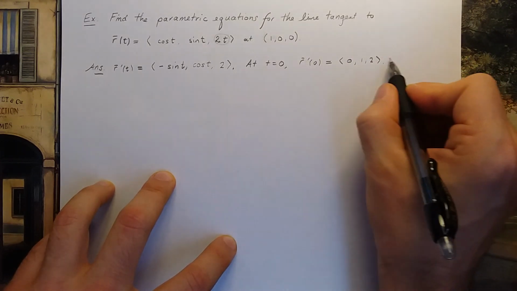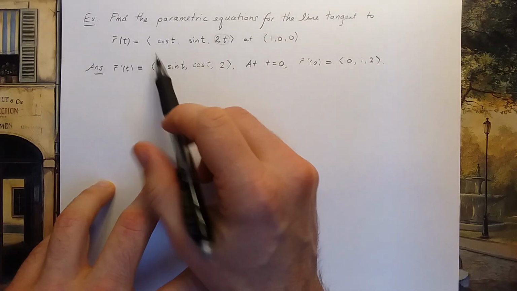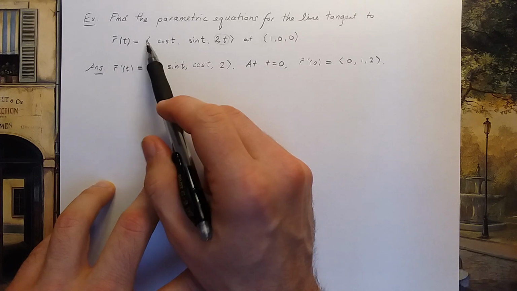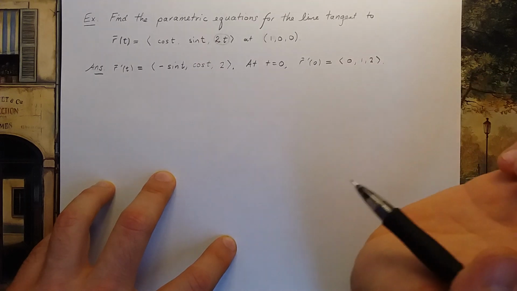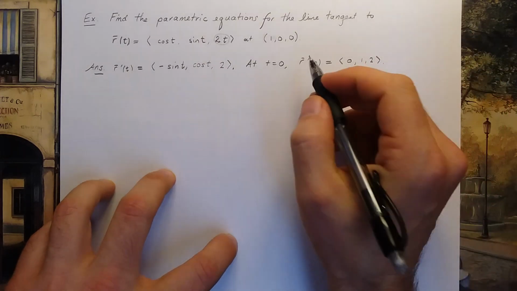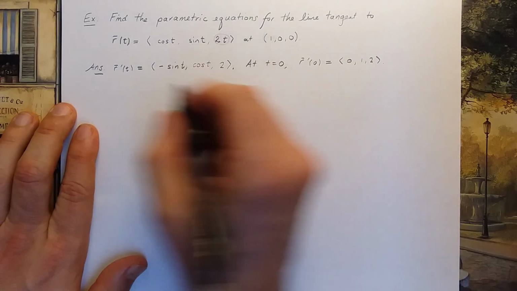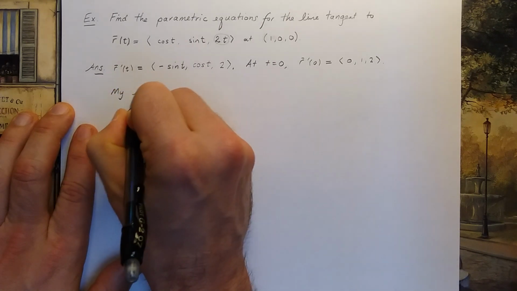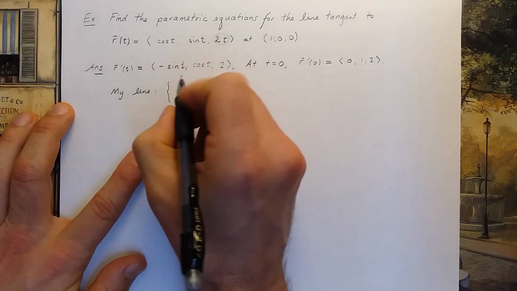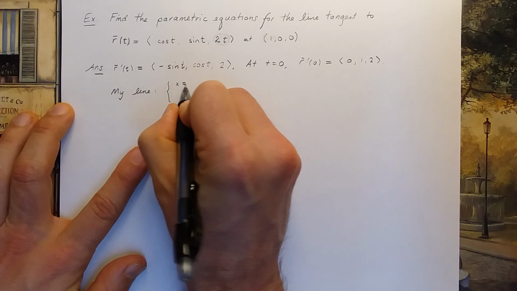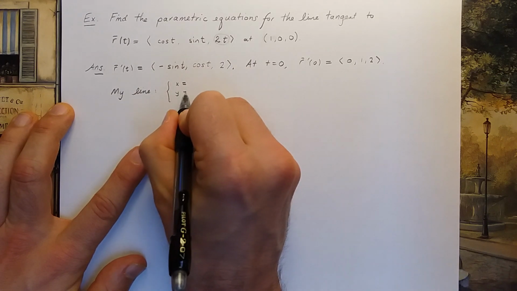So this is my vector that's tangent to the original curve at the point (1, 0, 0). This is the vector that I'm going to use that's parallel to my line. So my line is described by the parametric equations x, y, and z.